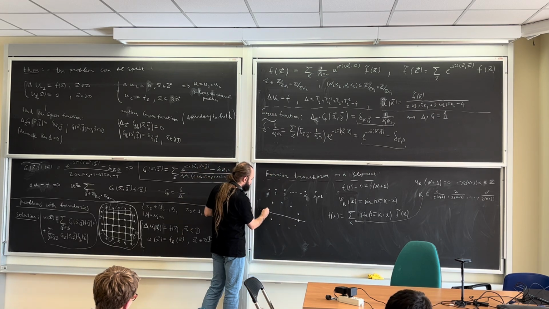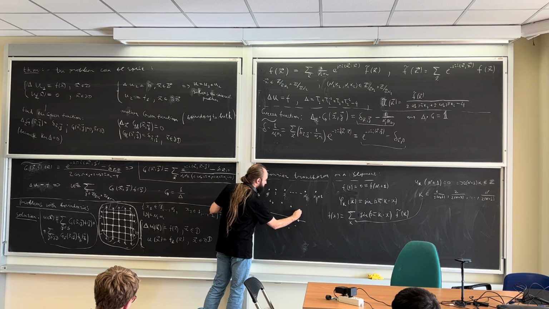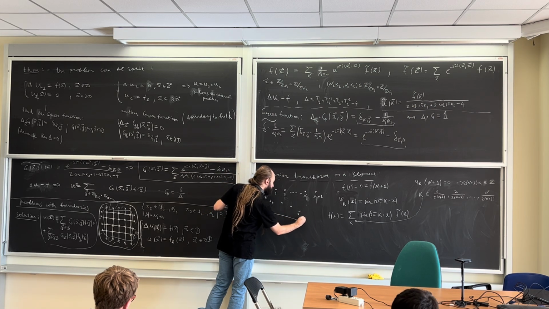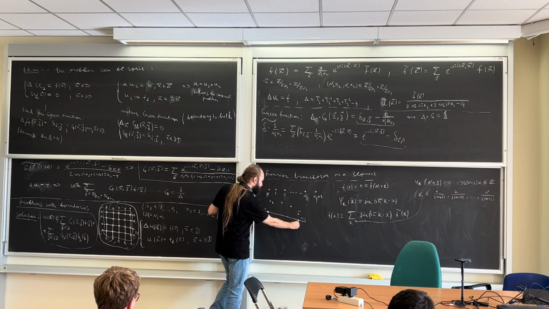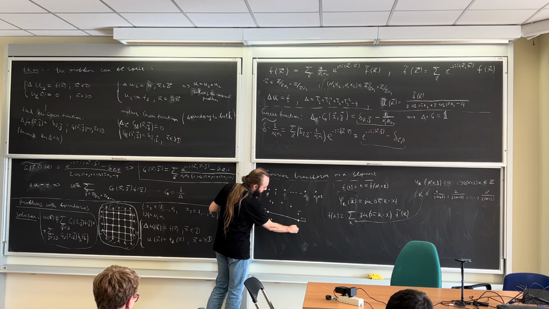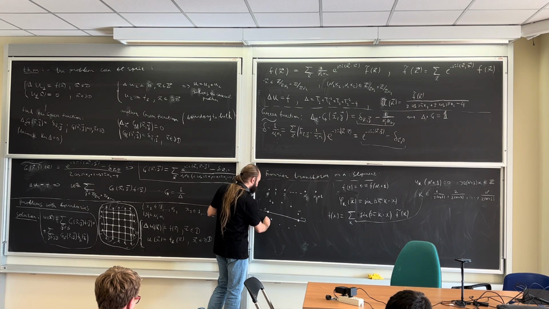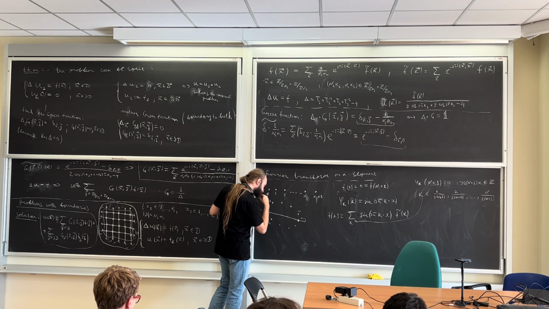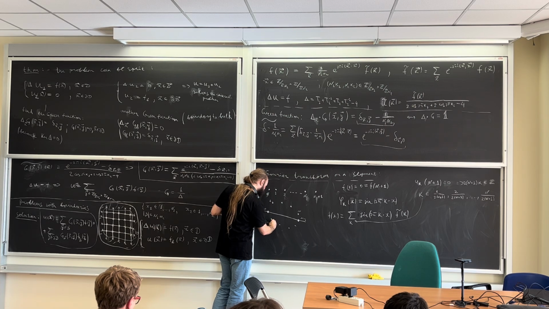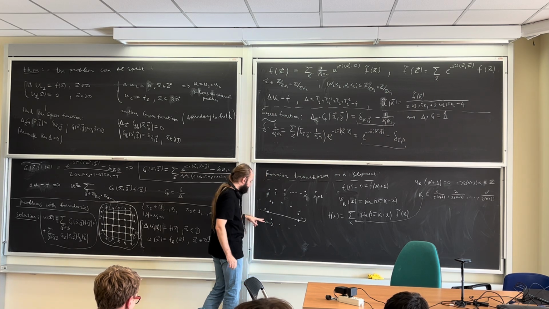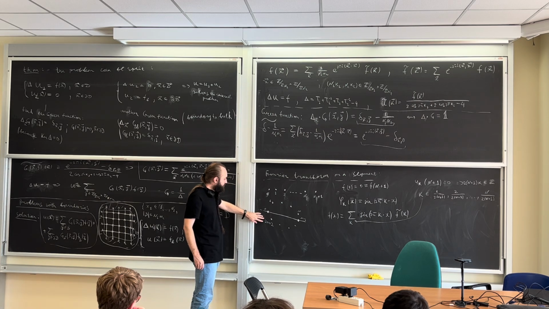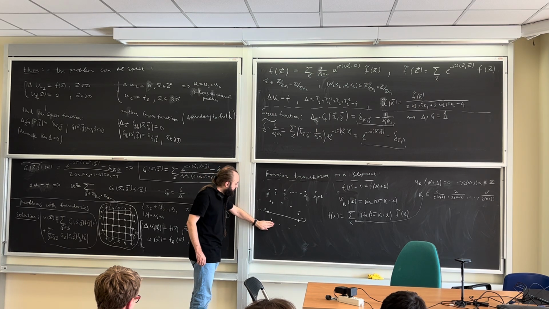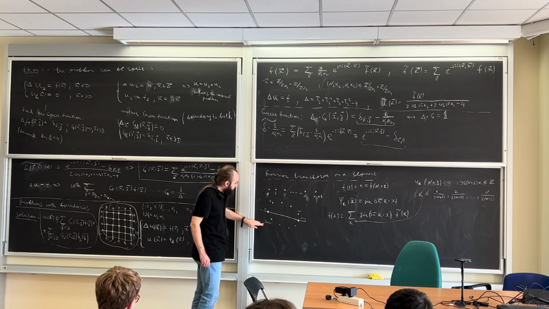So this is 0, 1, and so on, n plus 1. And at this point it will be 2n plus 2. Is it correct? Yes, probably.